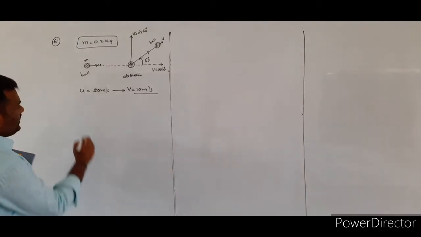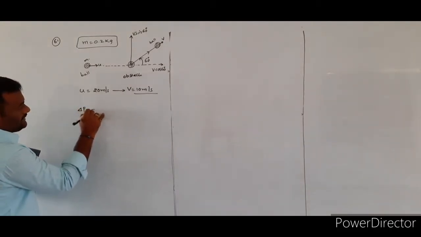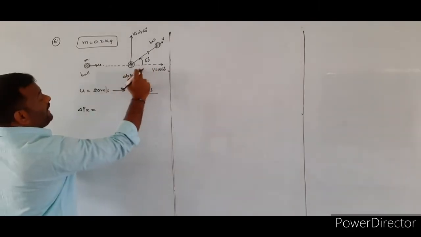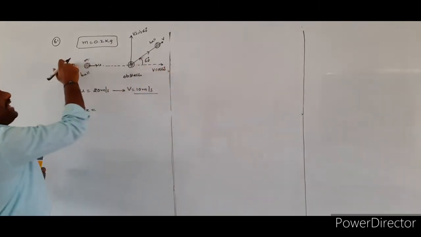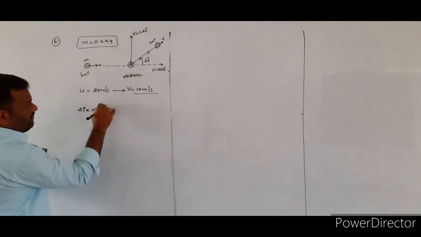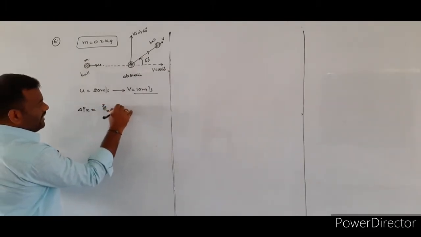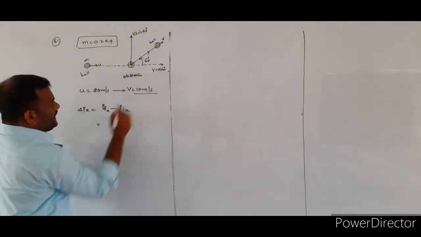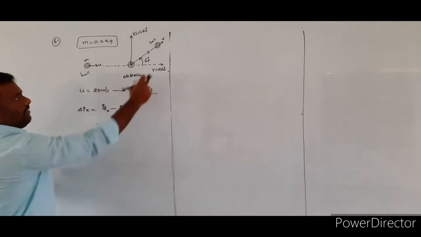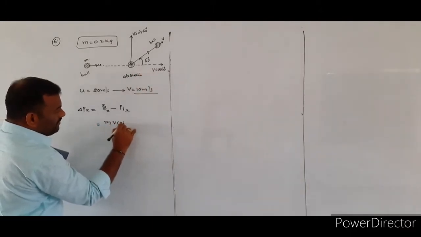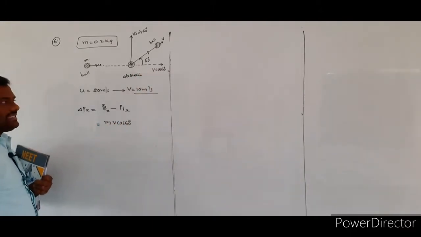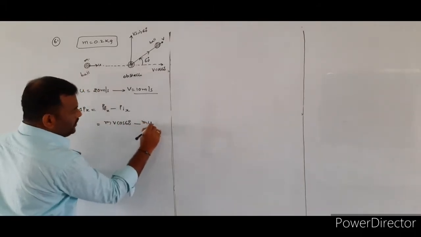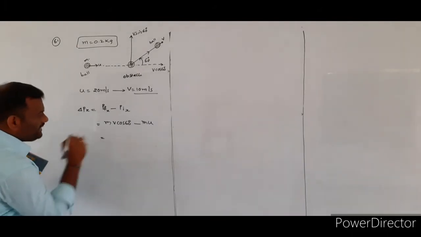The change in momentum along the x-axis is the final momentum along the x-axis minus the initial momentum along the x-axis. The final momentum is m into v cos 60 minus the initial momentum mu.